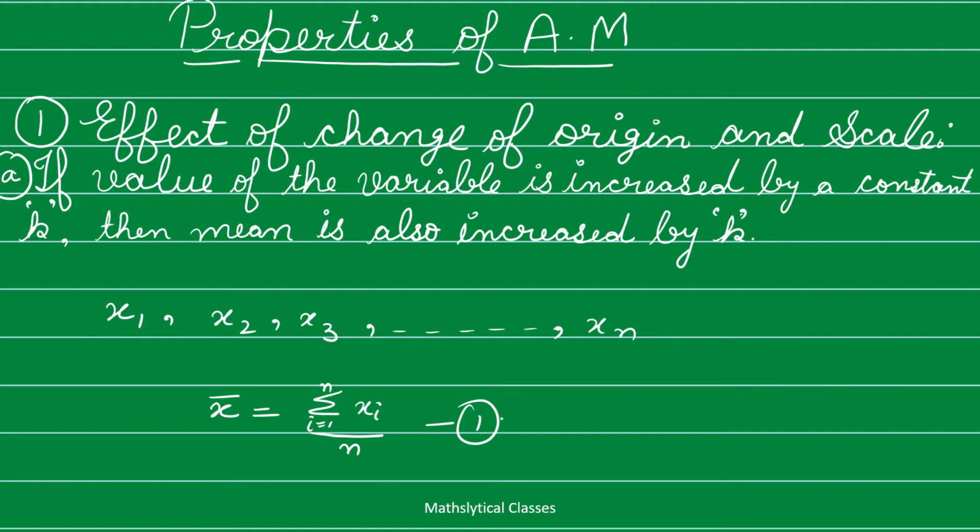Now I am going to add a particular number to all these observations. So the new observations are x1 plus k, x2 plus k, x3 plus k, and so on to xn plus k.